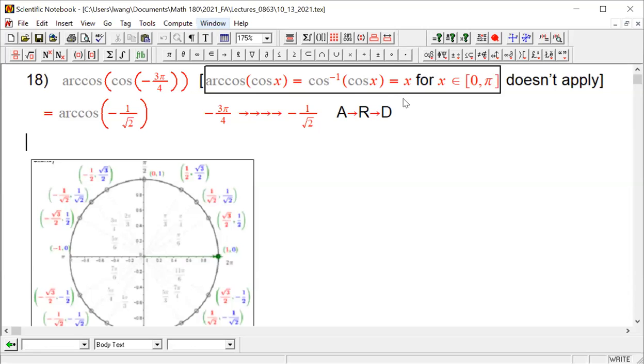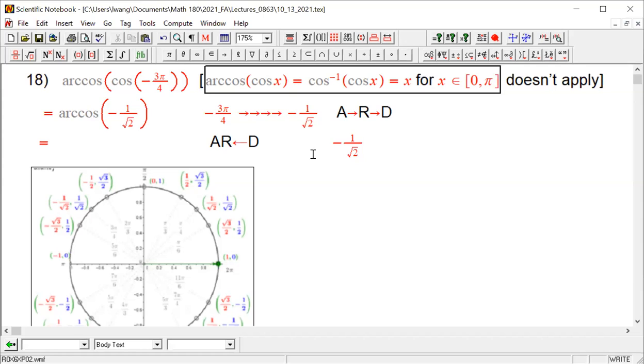And next, ArcCoSine. When an ArcCoSine input is given to us, in terms of ARD, we know the D. What is D here? D is -1/√2.